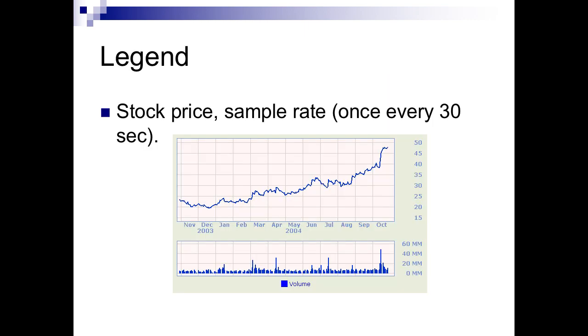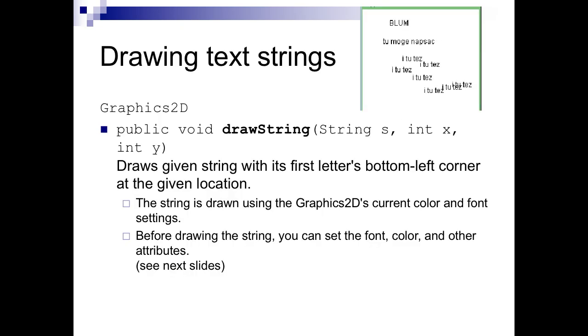We can also do some basic business graphics. Here's a stock price once every 30 seconds or so. We can model something like the stock as it changes. We can draw a string using an X and Y location, but then the question becomes, what kind of font will the string use? And so now we have to get into a discussion about font metrics.